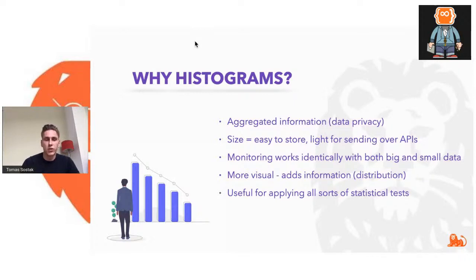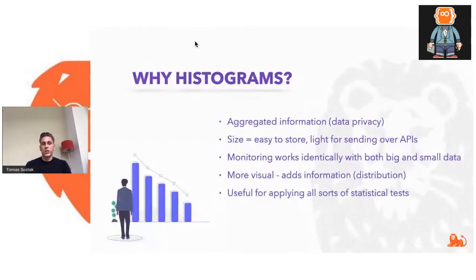Let's say you have a client and a server, for example, running Popmon on the server. It's way easier to aggregate this data into histograms on the client side and send it over the API. You don't have to send gigabytes of data. Way easier and way faster. And also, once again, you avoid data privacy issues.